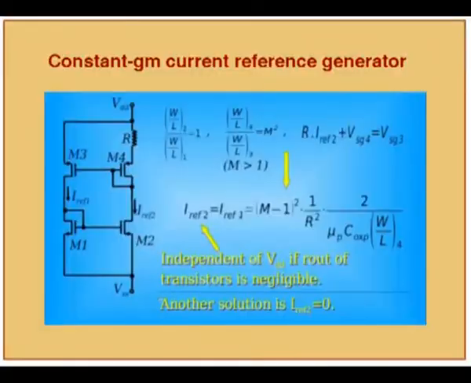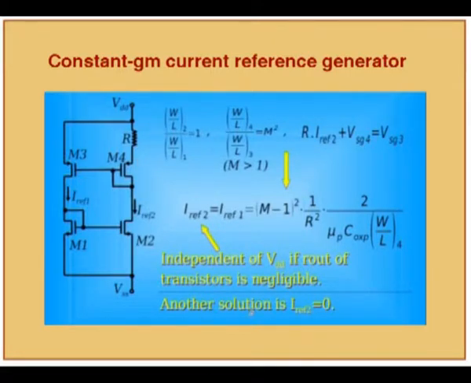One more interesting fact here is that because we now have a closed loop circuit, it has a self-biased solution for the current.